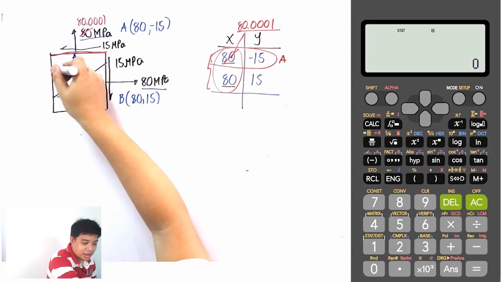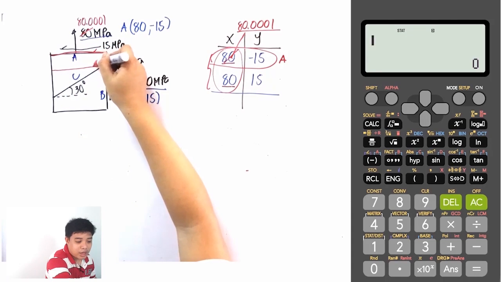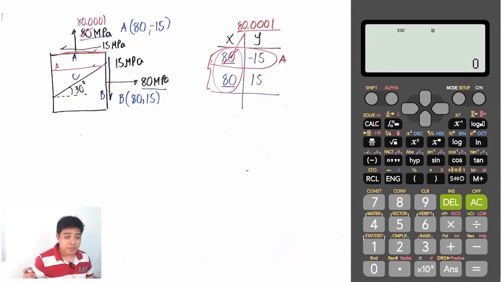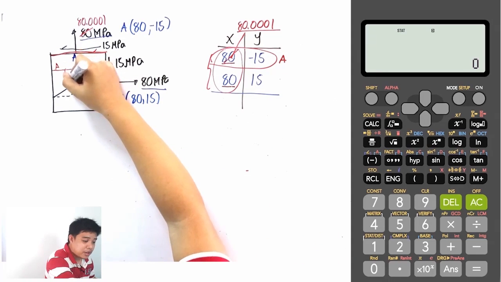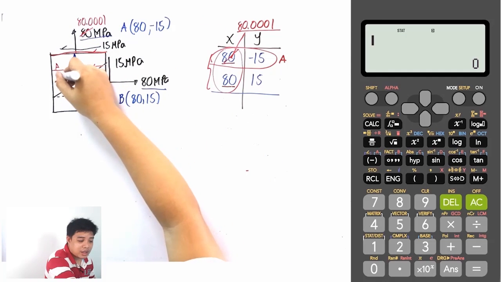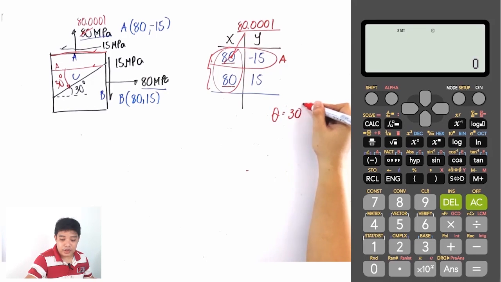For convenience, let us draw a reference line here, parallel to this one, so that this plane is also plane A, our reference plane. From this, you have to rotate by how much? This is a 30-degree rotation, therefore theta is simply 30 degrees.